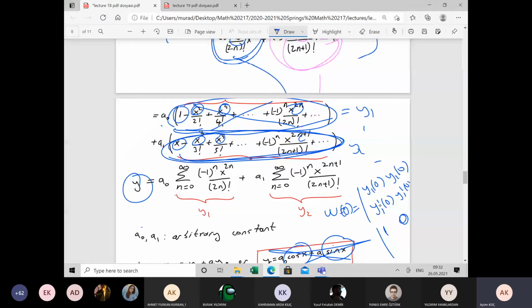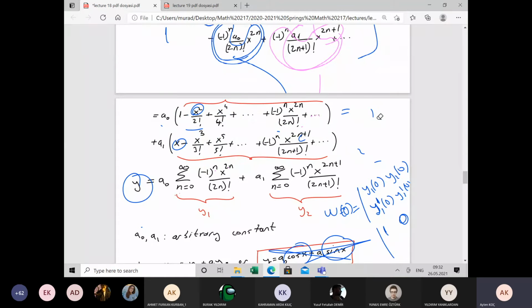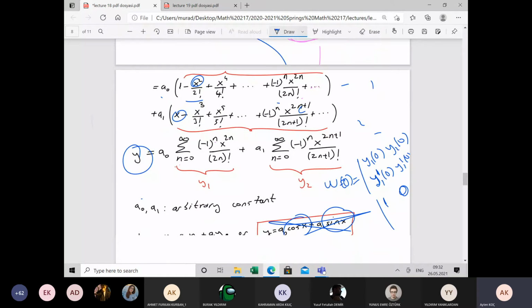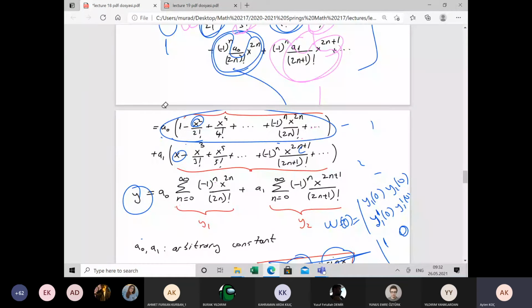This gives minus 2x over 2 plus 4x cubed over 4, and all of them contain x, and substituting 0 we obtain 0.